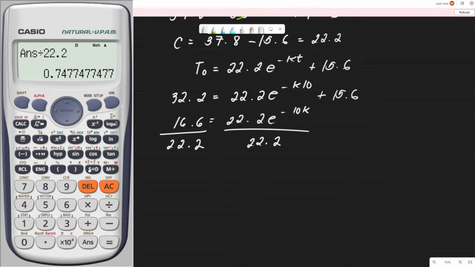Okay, so 0.75 is equal to e raised to negative 10k. So ano yung gagawin natin dito, sir? Like the value of k. So ano yung gagamitin natin na theorem or postulate to isolate the exponent negative 10k?